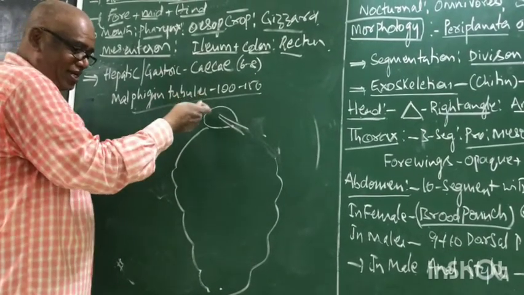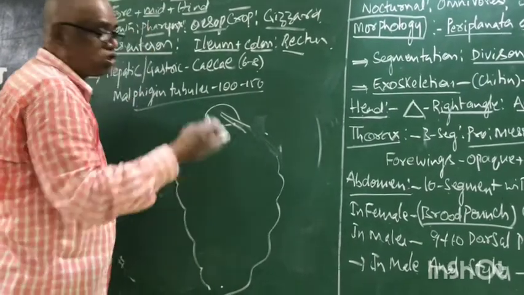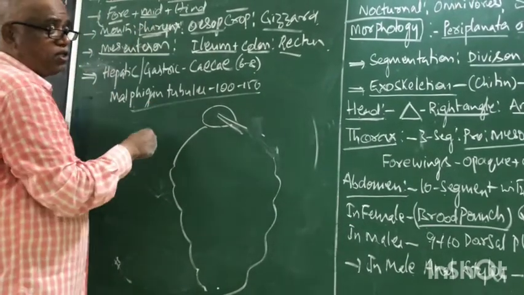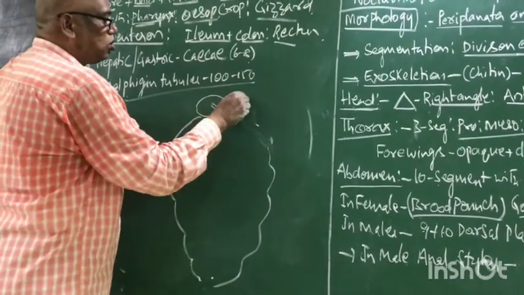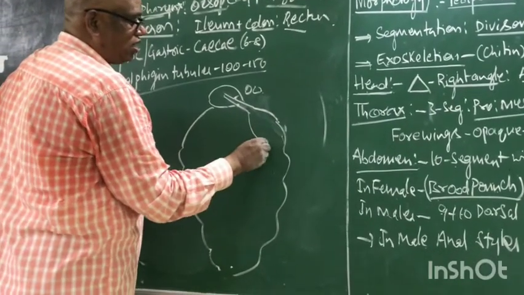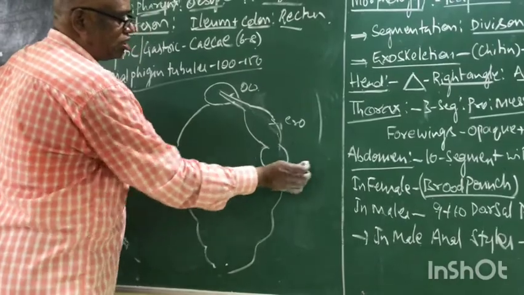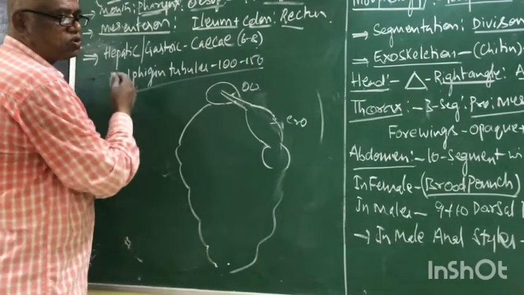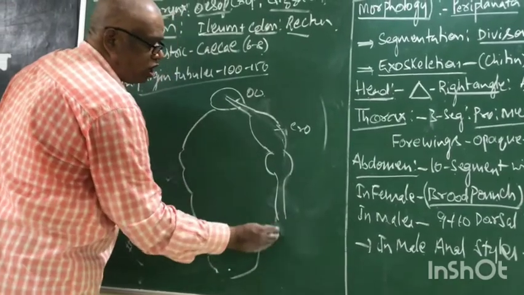This is the dorsal view. When you see the lateral view, the pharynx will be there in the head. Now the esophagus is expanded into a sac. This is called the crop. Now it is the gizzard. Now what is it? Mesenteron.